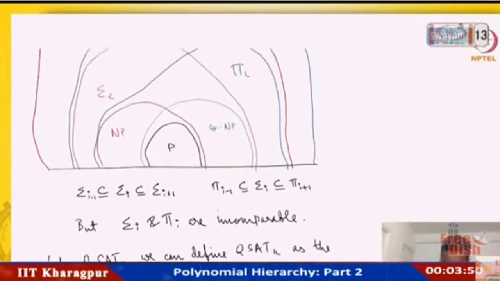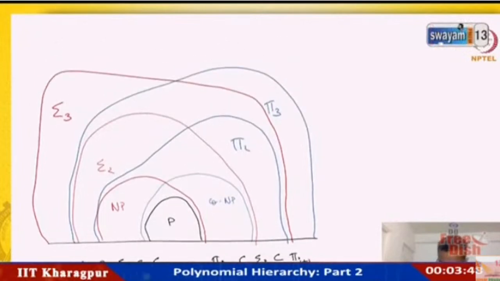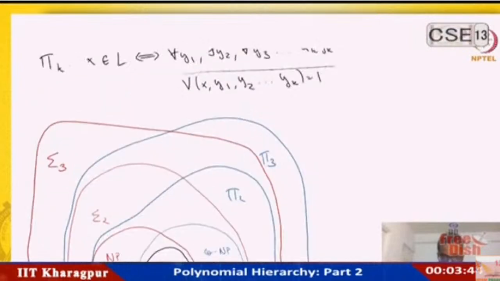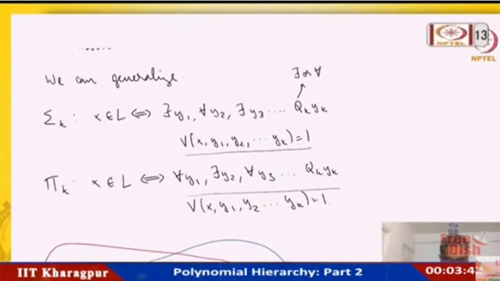Just to conclude, in this definition I just defined sigma k and pi k. If you look at sigma 1, it is nothing but NP, because when k equals 1, you just have a single existential quantifier, which corresponds to what we have seen for NP.